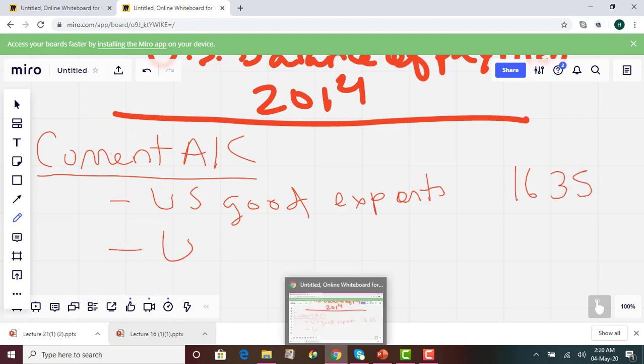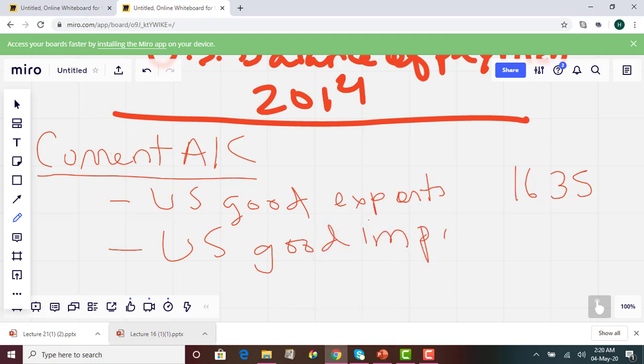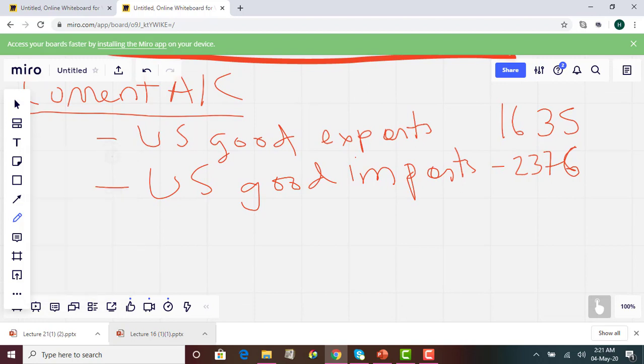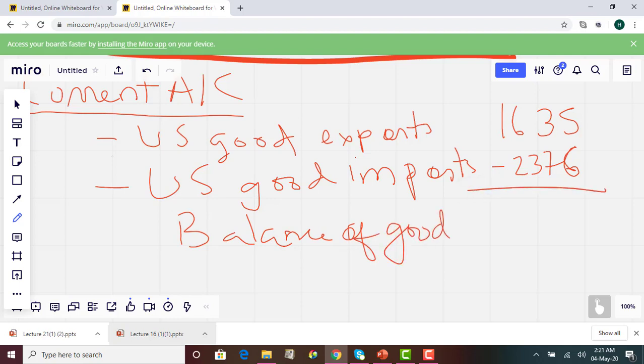Then we also record US goods imports. These are goods we are buying from foreign countries, and this is going to be a negative number because this is an outflow of income to foreign countries. So the balance of goods is 1635 minus 2371, and this is equivalent to minus 736.